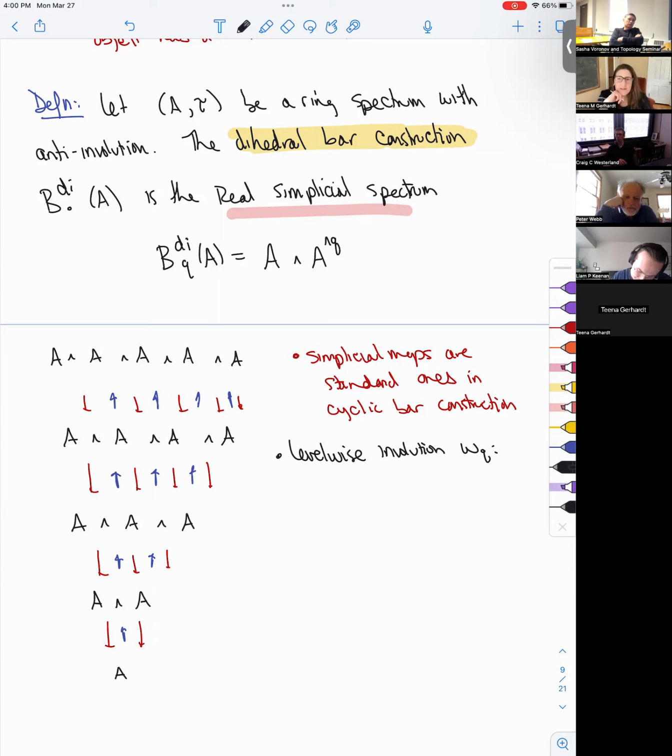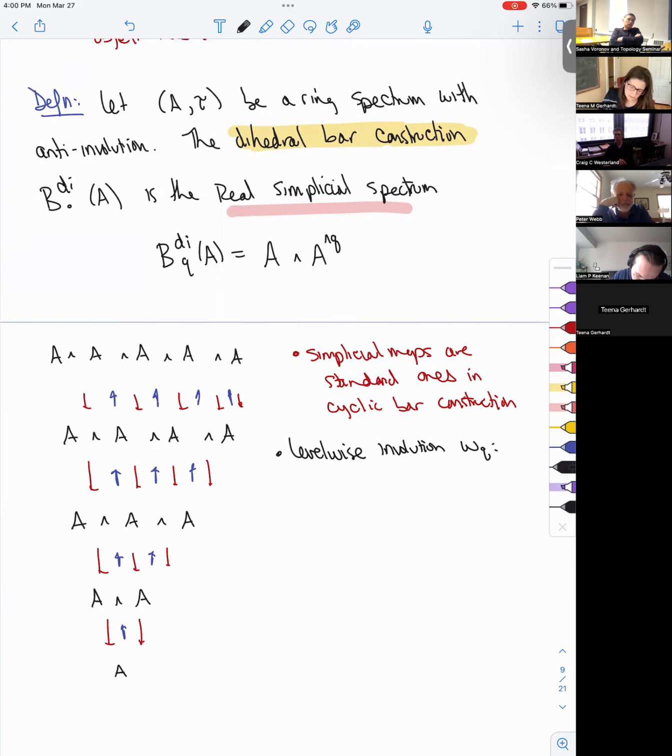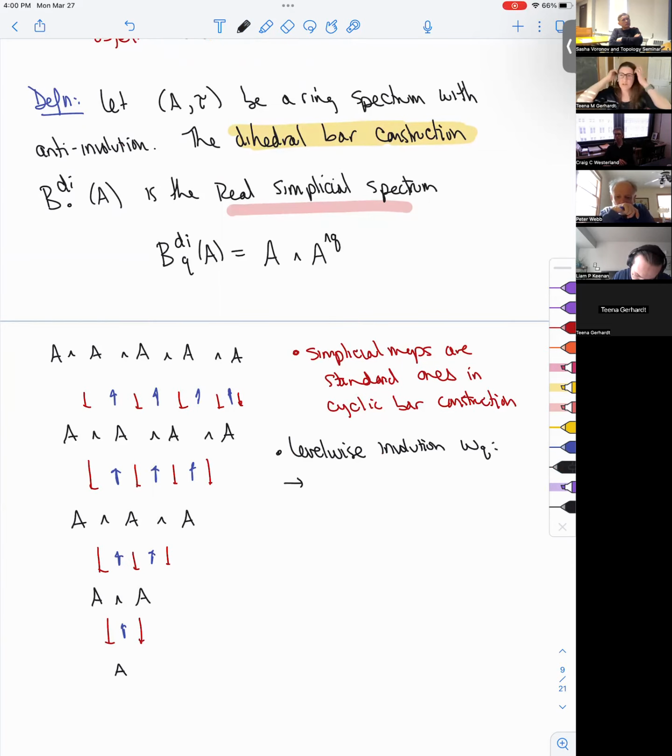And my level-wise involution does two things. The first thing, which maybe you would guess, is that A has its own involution, right? A is a ring spectrum with an involution. So I can just do the involution on all the copies of A. So I'm going to act on all copies of A by the involution.